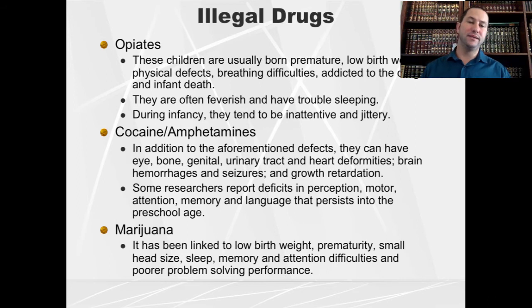So opiates, we're talking about heroin, we're talking about painkillers, and so forth. This is problematic because you tend to have premature children. Now, a preemie, or being premature, is born before 38 weeks. Low birth weight, physical mutations or effects, breathing difficulty, and then you have to withdraw the child.